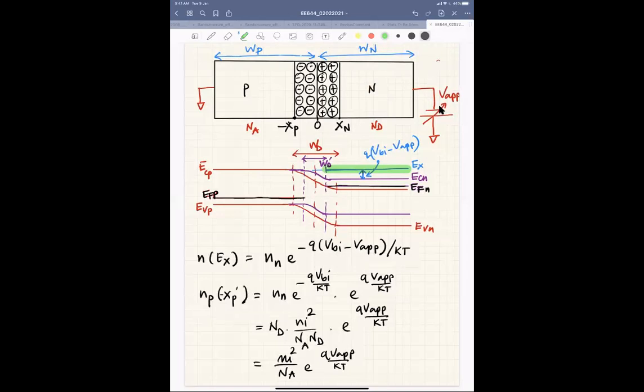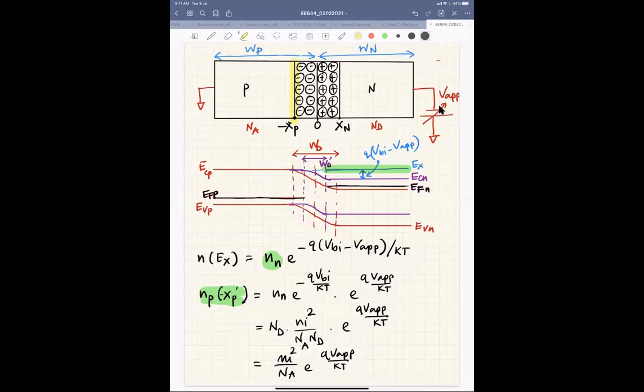The number of electrons at EX, N(EX), is nothing but NN, the electrons at the bottom of the conduction band, times e to the minus Q(VBI minus VR), because the energy difference between ECN and EX is Q(VBI minus VR), you could write that equation, right? So N(EX) is the same number of electrons, because those electrons can be easily injected. So you could find these electrons at the edge of the depletion region. So you could write NP(minus XP dash) equal to NN e to the minus QVBI by KT into e to the QVF by KT.